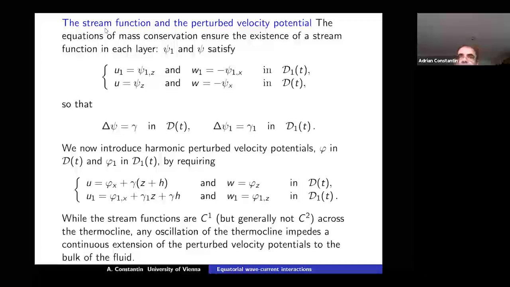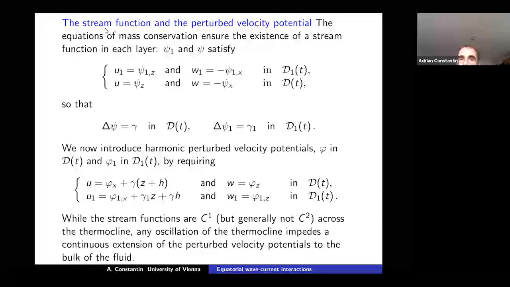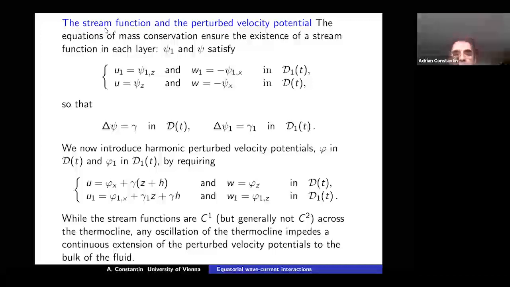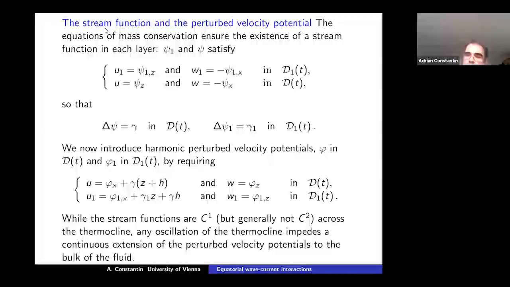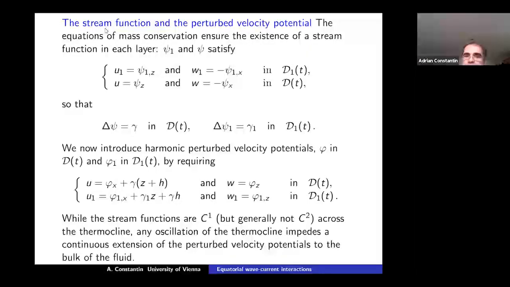So there's a stream function psi1 on top, and a stream function psi for the layer below the thermocline. And because it's constant vorticity, you have Laplace of psi equal gamma below, and Laplace of psi1 is gamma 1 above. And because this is constant, then you can easily see that there is something like a perturbed velocity potential.